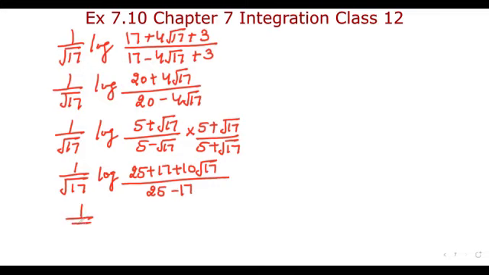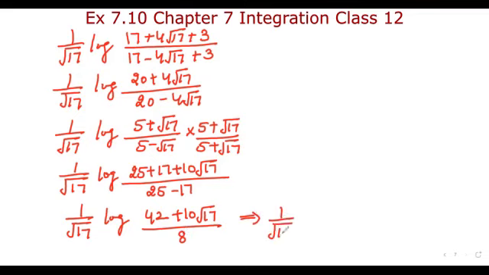So this will be 1 upon root 17 log of 42 plus 10 root 17 upon 25 minus 17, which is 8. So this value will become 1 upon root 17 log of, 2 is common, 21 plus 5 root 17 upon 4. That is our answer.